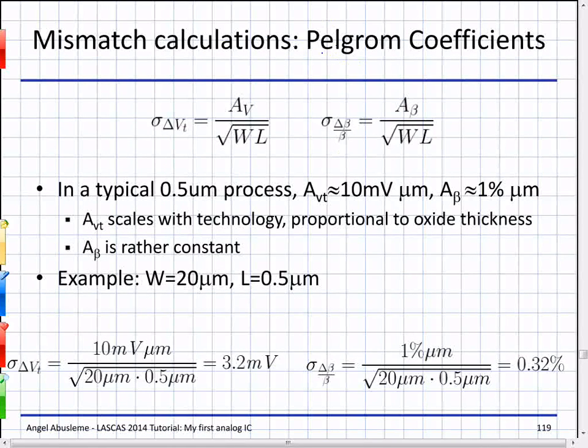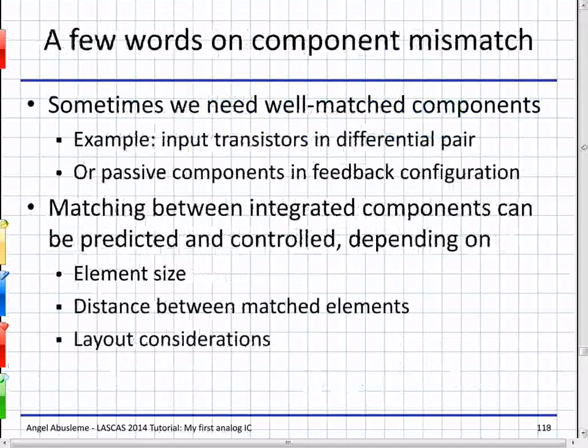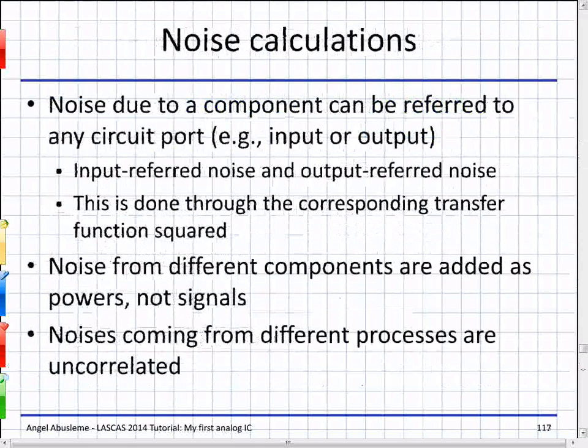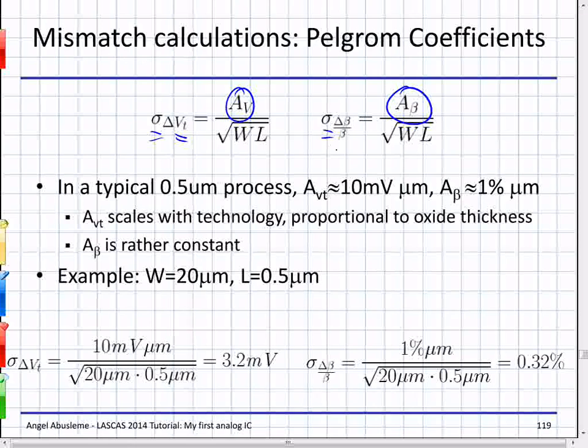Mismatch calculations are done according to Pelgrom coefficients, which are these coefficients here, which are sometimes provided by the fab, and we can calculate the standard deviation on a certain parameter, for example, on VT, according to this equation. And on beta, same here with this equation.